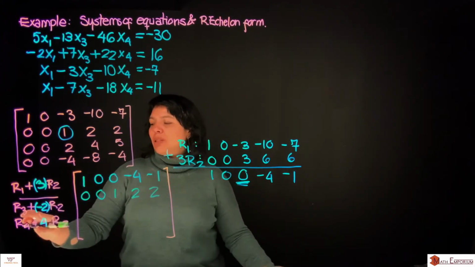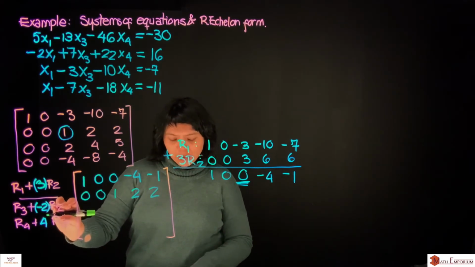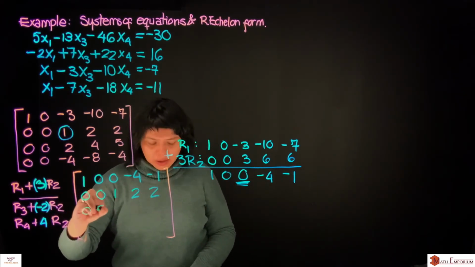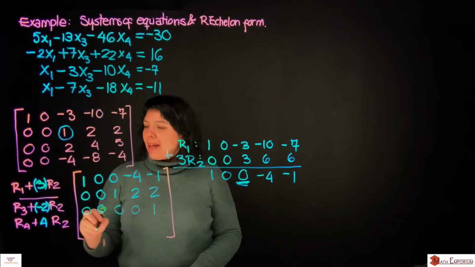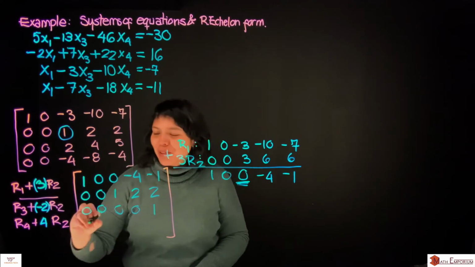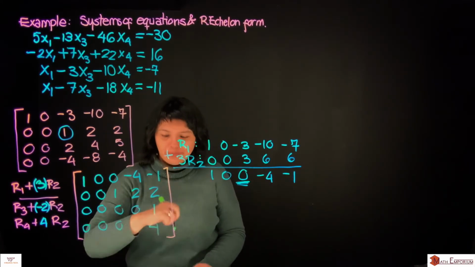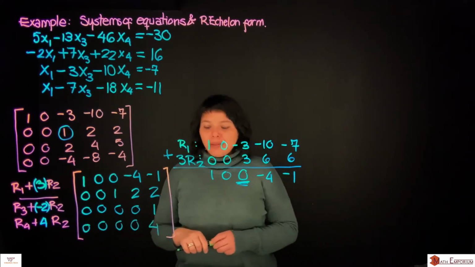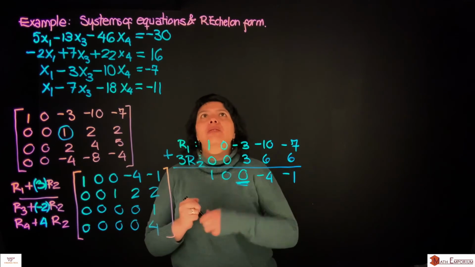And then if you do this operation, row 3 minus 2, row 2, that would give you 0, 0, 0, 0, 1. And then the last one, row 4 plus 4, row 2, is going to give you 0, 0, 0, 0, 4. Okay?